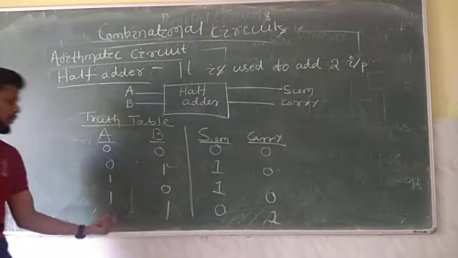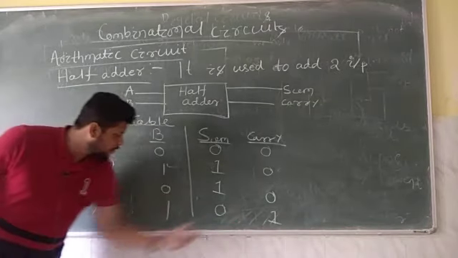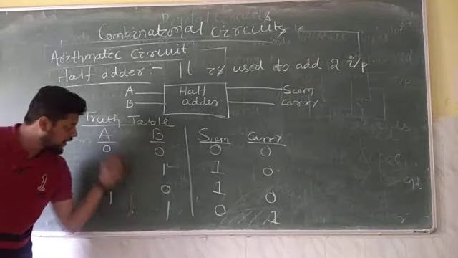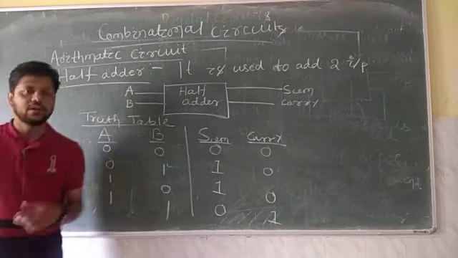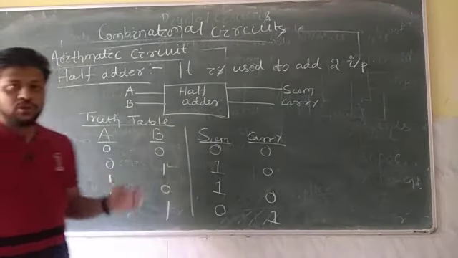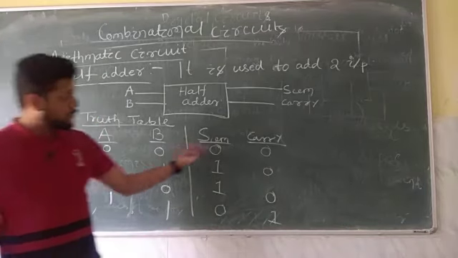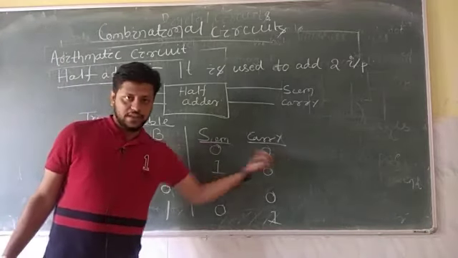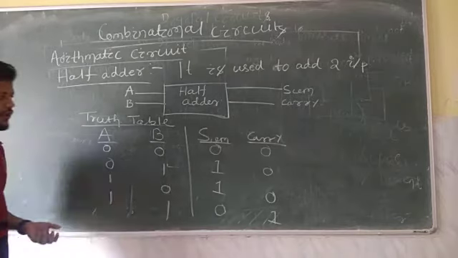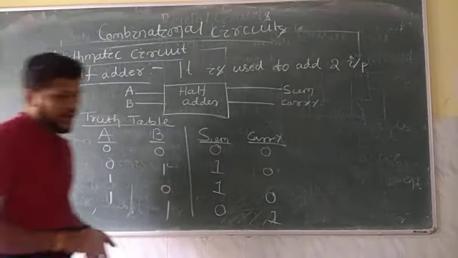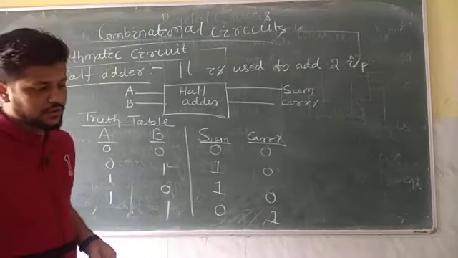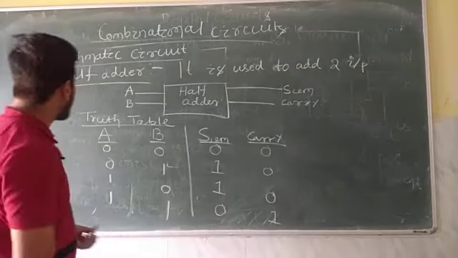For which combination is the carry output 1? Only when A is 1 and B is 1. This is the truth table, whose outputs are sum and carry. Now, how do we write the logic expressions for sum and carry?